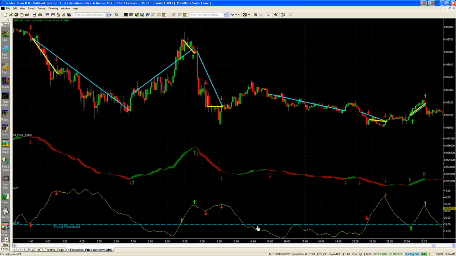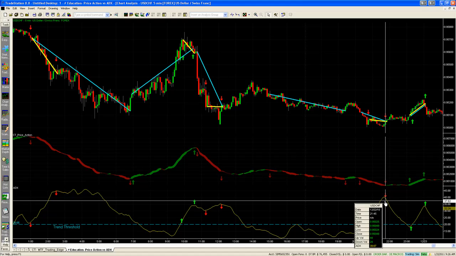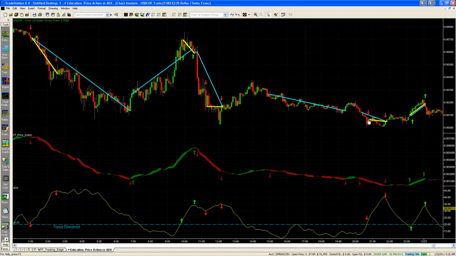Now it's telling us it's not trending, stay out of the market, and then you have the situation where it rises above this threshold and it's on the rise, and we take a short trade at the beginning of the next bar, and it stops, so we exit at the beginning of the next bar for a very minor profit on that one.